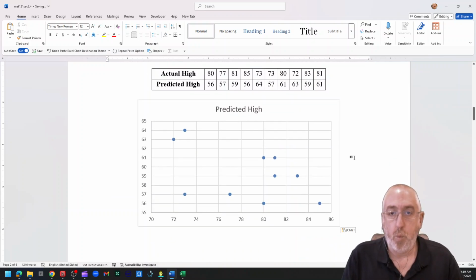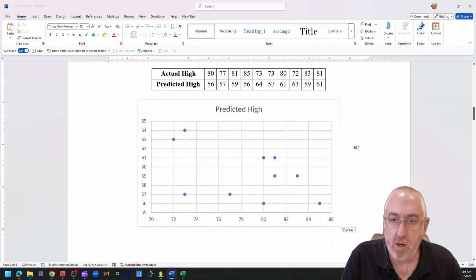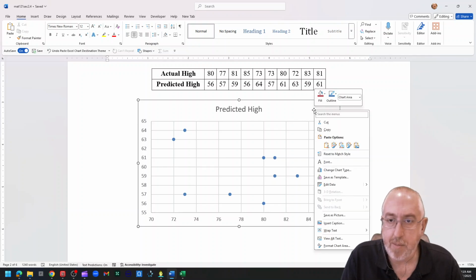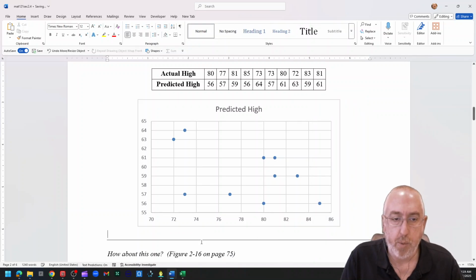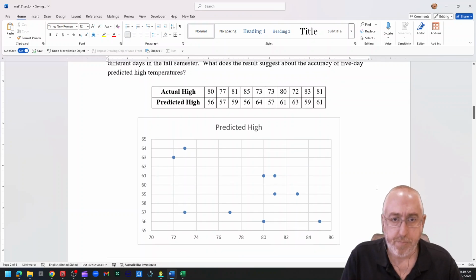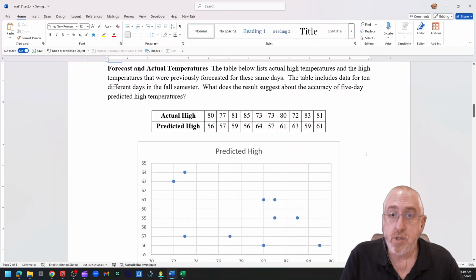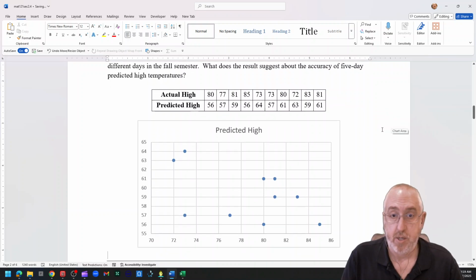Now, what's a little bit clunky about this is that it pushes things across onto the next page, but we can fix that by changing the wrapping. So if we wrap it, I'm going to put it in front, and that will put it there.